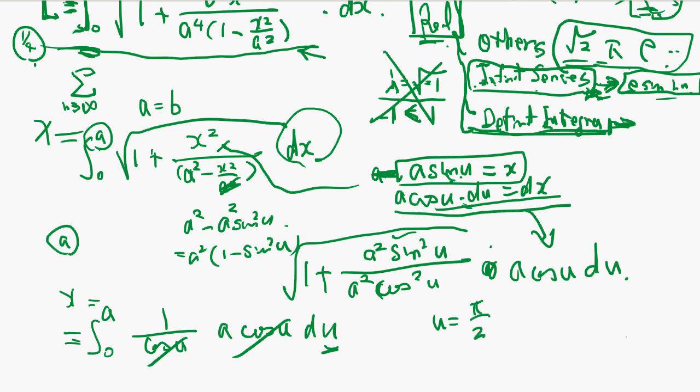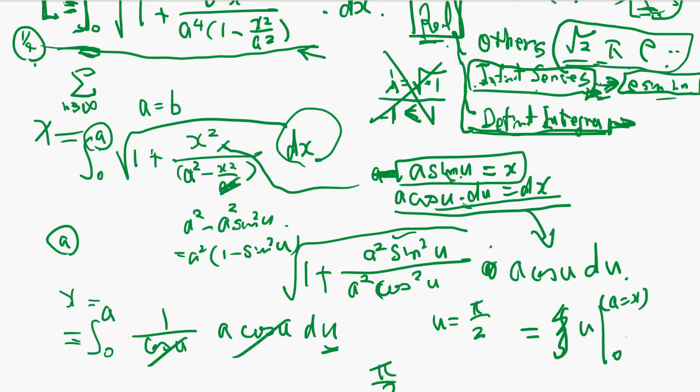Right. So this is going to be u from 0 to a, but a is x. At the x value a, u is pi over 2. So pi over 2, and don't forget a.